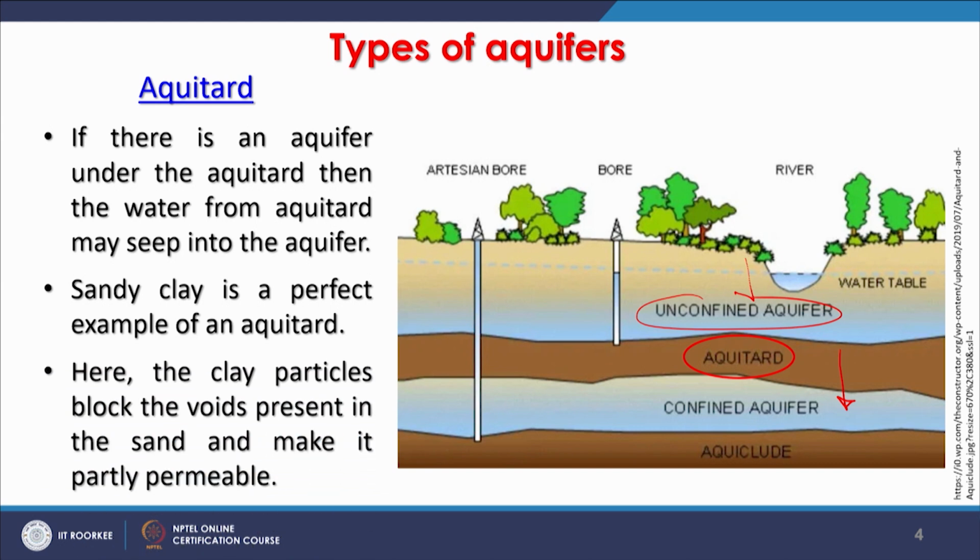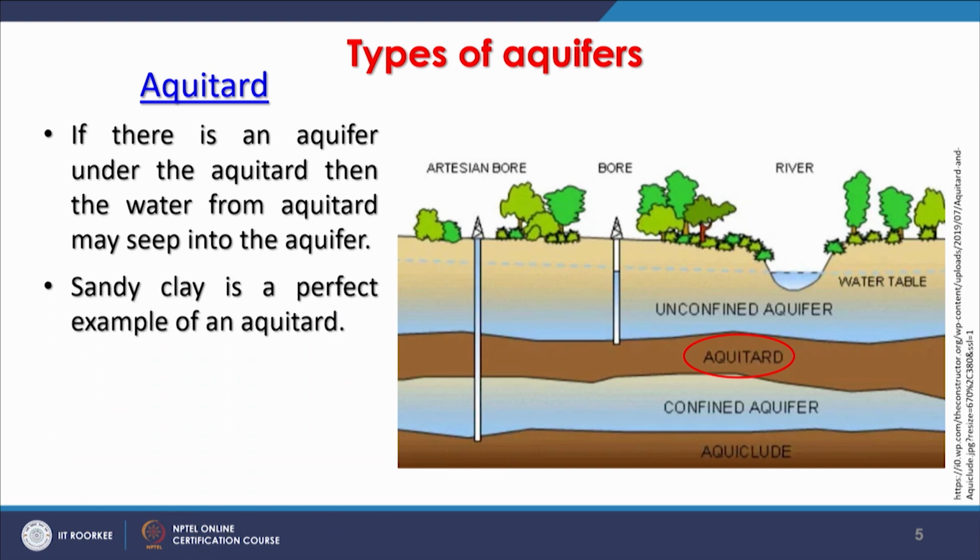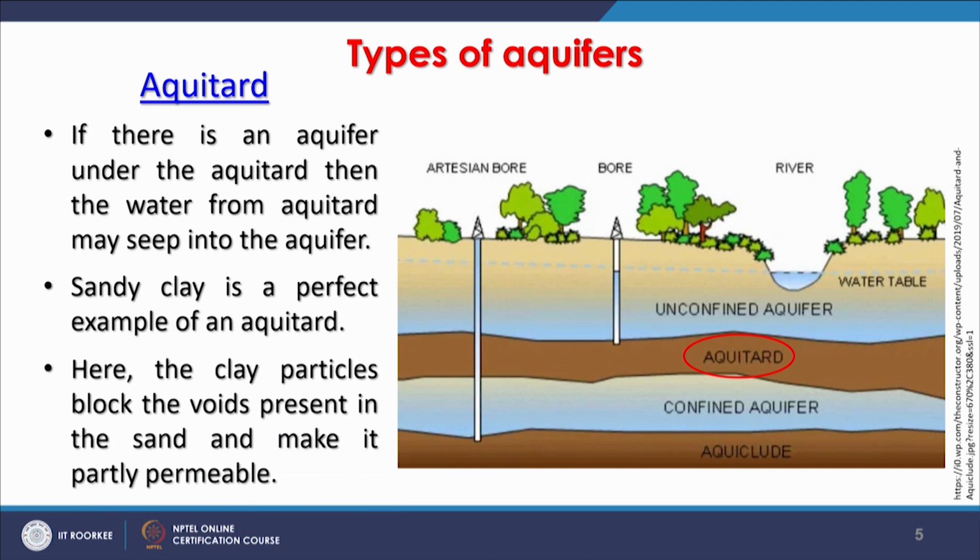Here the clay particles block the voids present in the sand and make it partly permeable, not fully permeable. If it had been only sandy sediments of larger size compared to clay, then that problem would not come. So, if there is an aquifer under the Aquitard, then the water from the Aquitard may seep into the aquifer. Sandy clay is a perfect example, and here the clay particles block the voids.